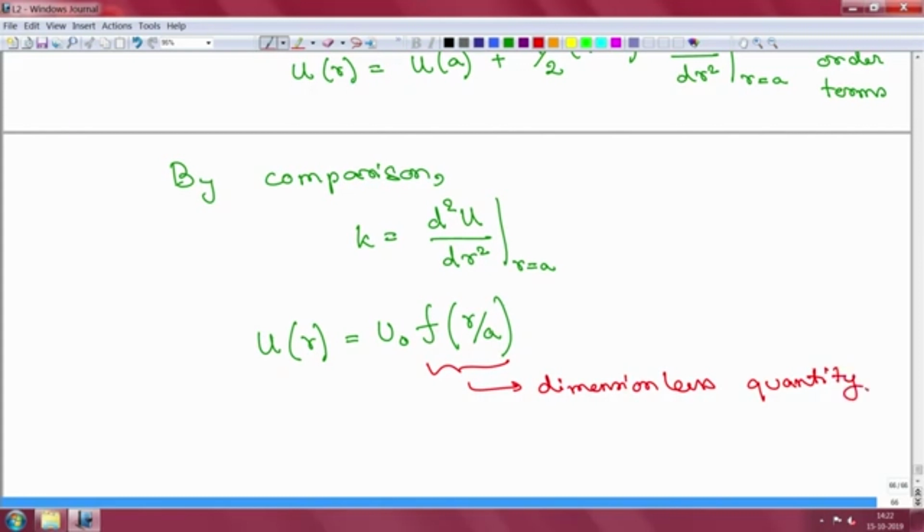And because at r equal to a, U has a minimum value, let us say minus U naught, this functional form f at r equal to a is equal to minus 1.